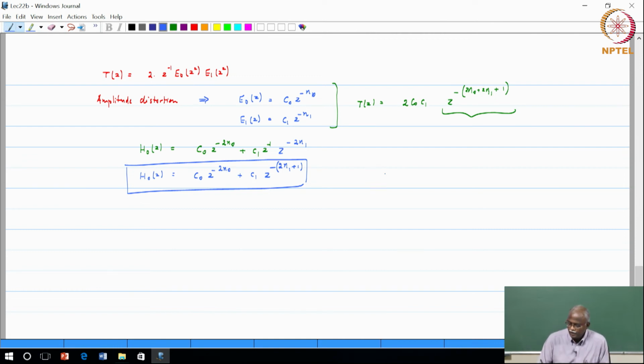It is a combination of two delays, therefore, I cannot get very good filters to begin with. Of course, they will satisfy the magnitude constraint being cancelled completely. Okay, very restrictive. So, this is the final conclusion from our discussion.